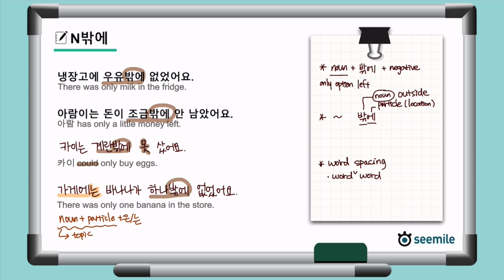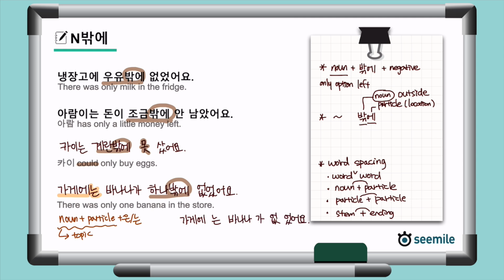Some of them are between a noun and a particle, between a particle and a particle, and between a word stem and an ending. That's why you've probably never seen sentences written like this. 가게에는 바나나가 없었어요. That's because they should properly be written as 가게에는 바나나가 없었어요.